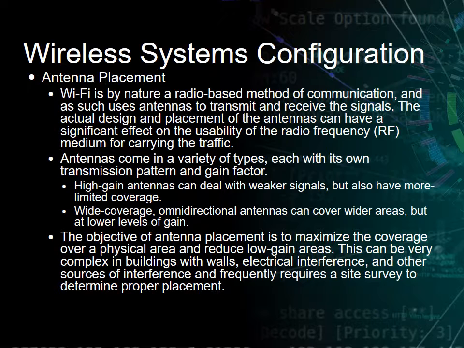So you want good enough coverage to cover as much space as you can inside, while having it drop off just enough that when it crosses out the exterior walls of your building, it is weak enough that somebody literally standing next to the building is really not going to get a good strong signal to try to compromise your network.